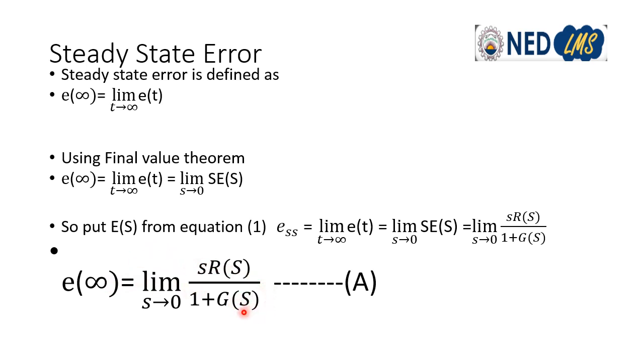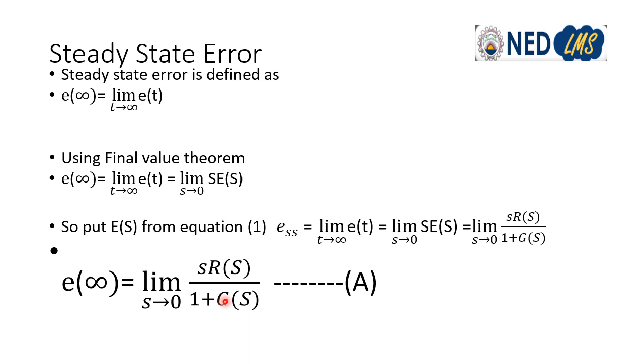Similarly, G(S) is different for different types of feedback systems: type 0, type 1, type 2. So we put the value of G(S) here, and see what the steady state error is for a step function when there is no pole at the origin, that is, 1 upon S to the power 0.